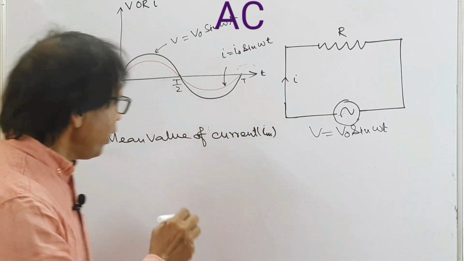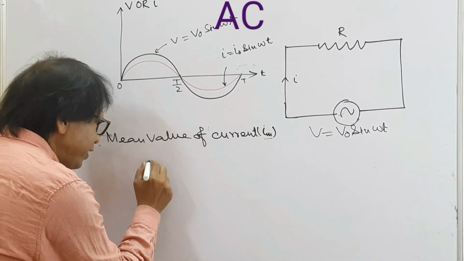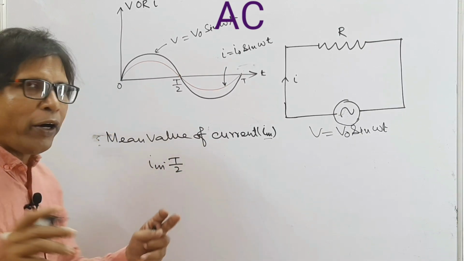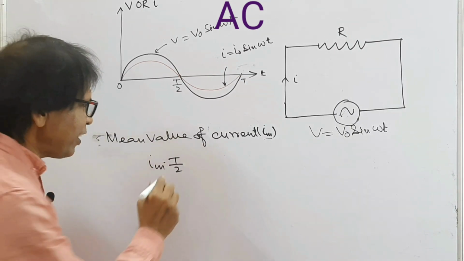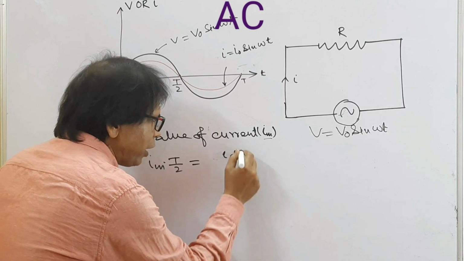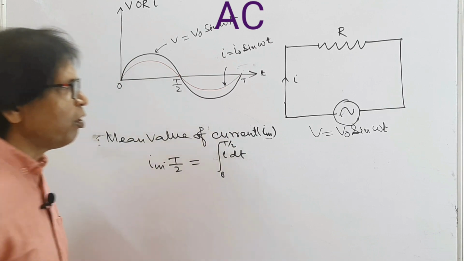So if Im is the mean value of current, then the charge sent by this mean value of current for time T by 2 is the same as the charge sent by AC, that is I dt over the time interval 0 to T by 2.